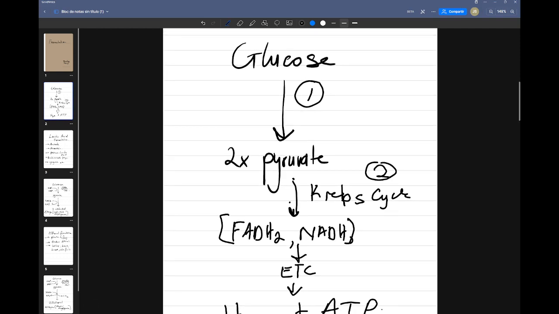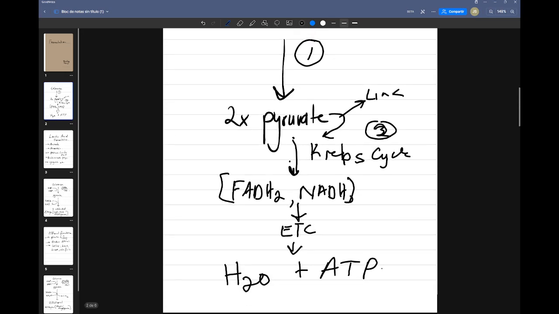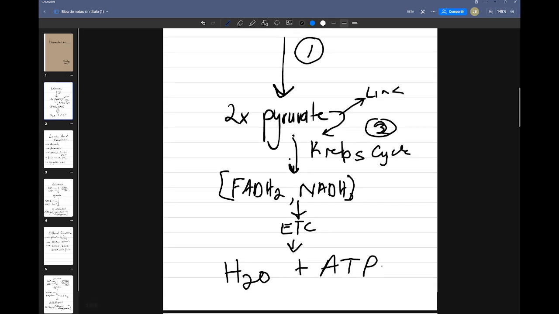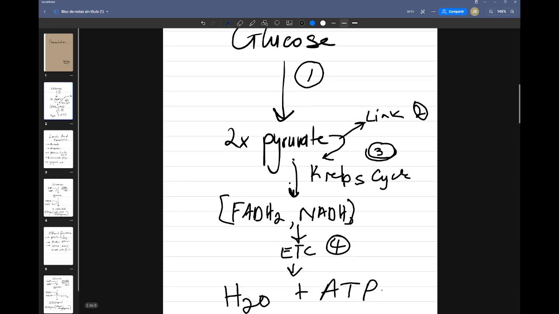Well, technically, the Krebs cycle after that link reaction, right? And then to the ETC. So let's put the link reaction at 2. Then to the ETC, right? Which is at 4, right? And that's how it really goes through.